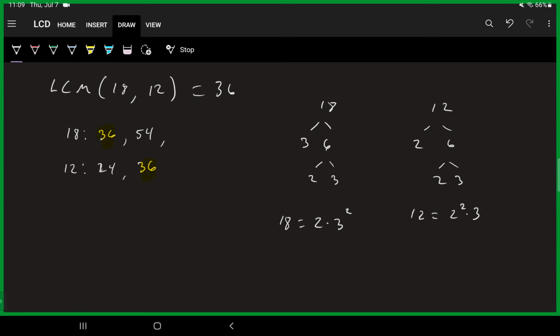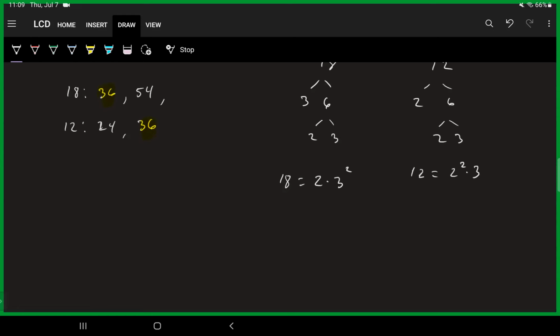So what I'm going to do is take factors from each number, and I want to take the maximum number of factors that it has. You notice that there's a 2 in common for both. Okay, that's cool. But we have 2 squared in 12. So my least common multiple is going to have a 2 squared.